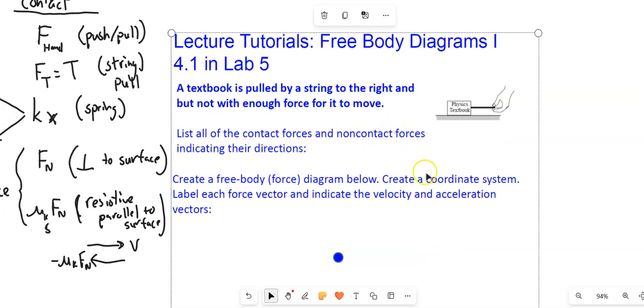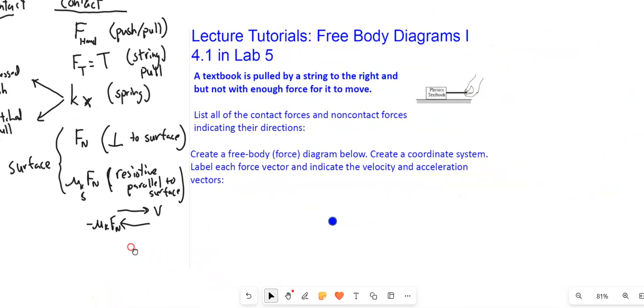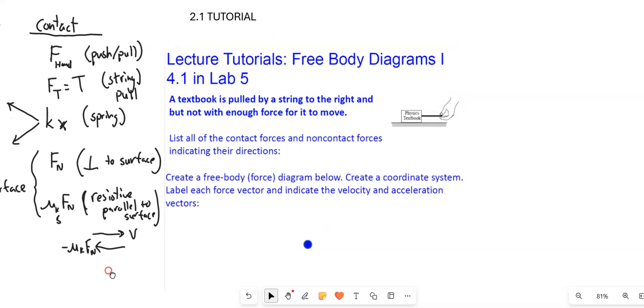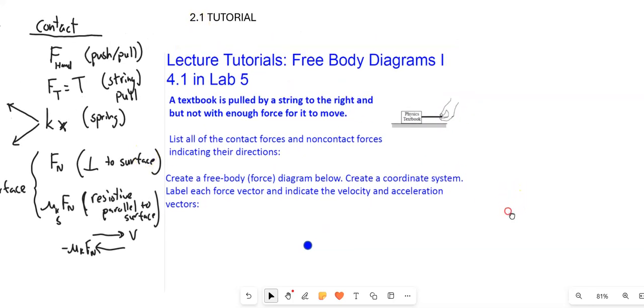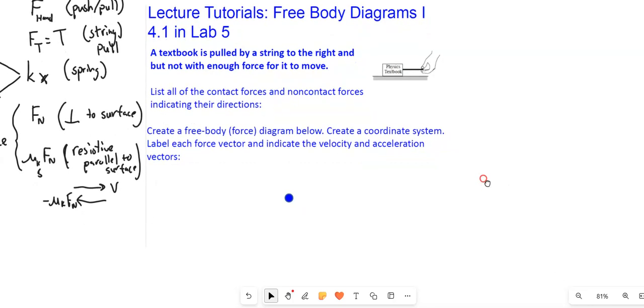So what I'm about to do is teach you the steps to creating a force diagram using these forces that we've listed off to the side, okay? And this is a 2.1 tutorial, but this is one procedure to do all free body diagrams, okay? All right, so let's do this.